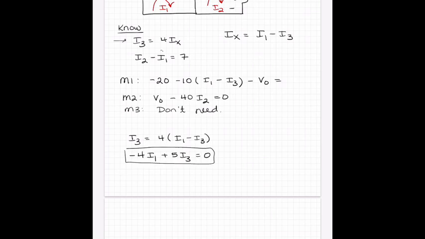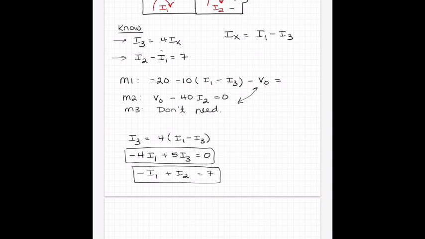I also have the equation here for the 7 amp source. So I've got minus I1 plus I2 is equal to 7. So that's another equation. Okay, and so now if I look at these two equations here and I sum them together, I'll get rid of V0, and I'll have an equation in terms of I1, I2, and I3. So let's add these together and then simplify.